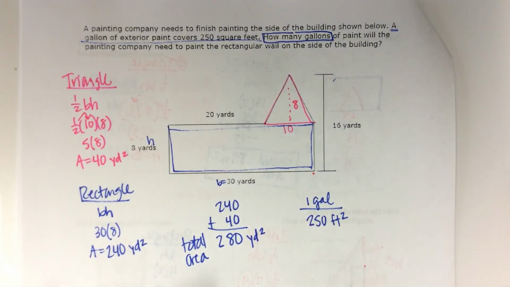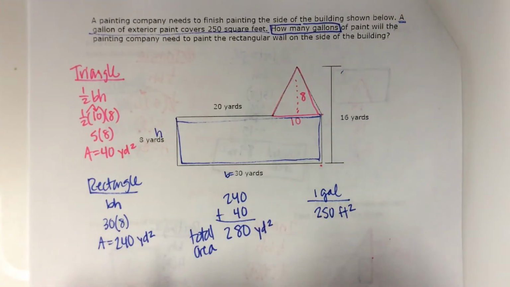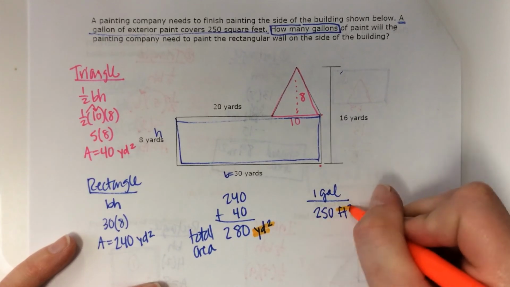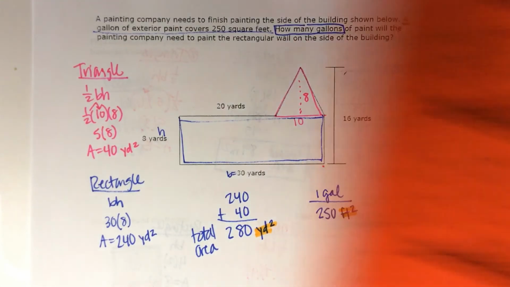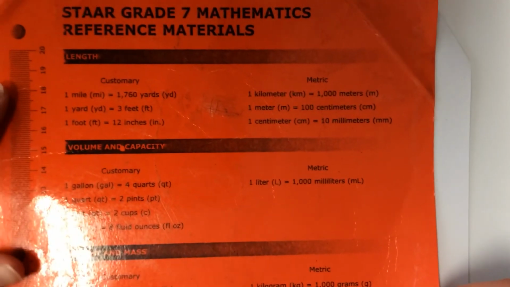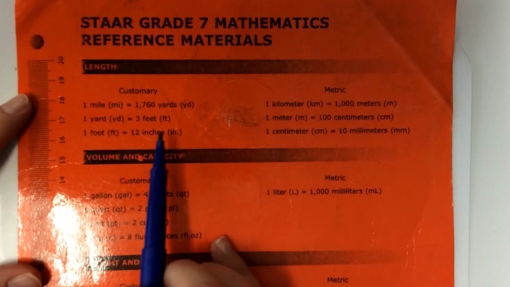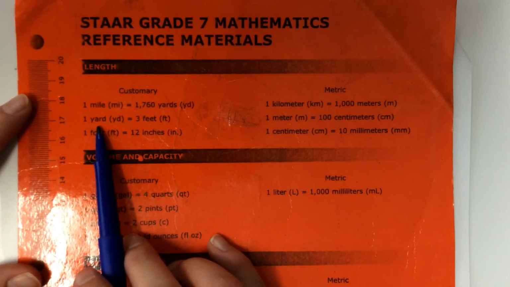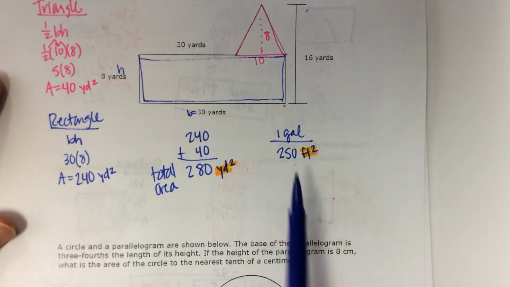Okay, so we have 280 yards. Ooh, what's wrong? We have yards and we have feet. That won't work. So what do we need to do? We need to convert this. So here's where you can go to your formula chart again on the back side, and it tells you that 3 feet are in 1 yard. So I need to change my yards to feet.